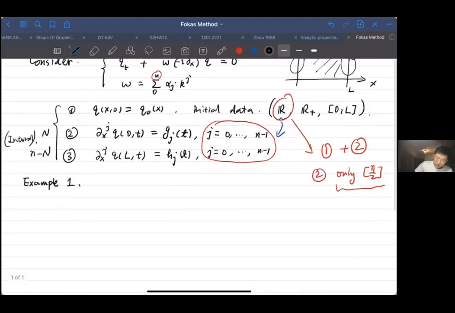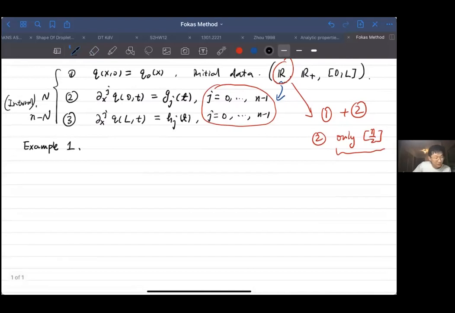Okay, let's do an example. The first example is the simplest one. We will consider the Schrödinger equation on the whole real line. For this one, you only need the initial data.